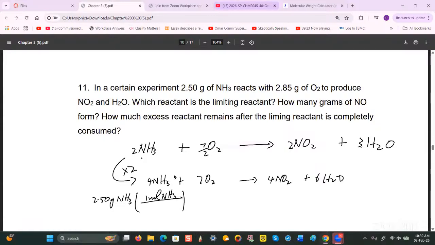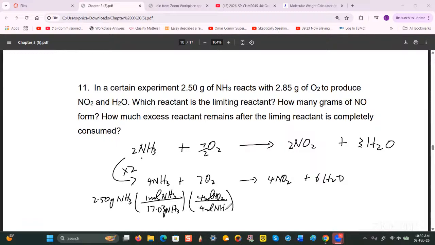So let me go back to here. So that would be 17.03 grams of ammonia. And then I'll multiply that by, okay, I'll look at the mole ratio between the ammonia and the nitrogen dioxide. That would be 4 moles of NO2 above and 4 moles of NH3 below, all right?